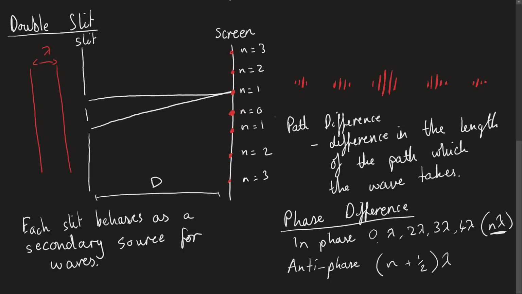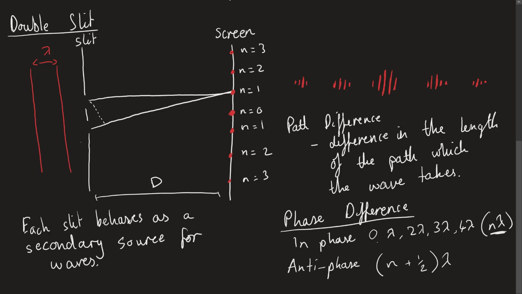So here's the thing. If the path difference from the two slits is equal to a whole number of wavelengths, then by the time they reach this point where this maxima is formed, they will be in phase.